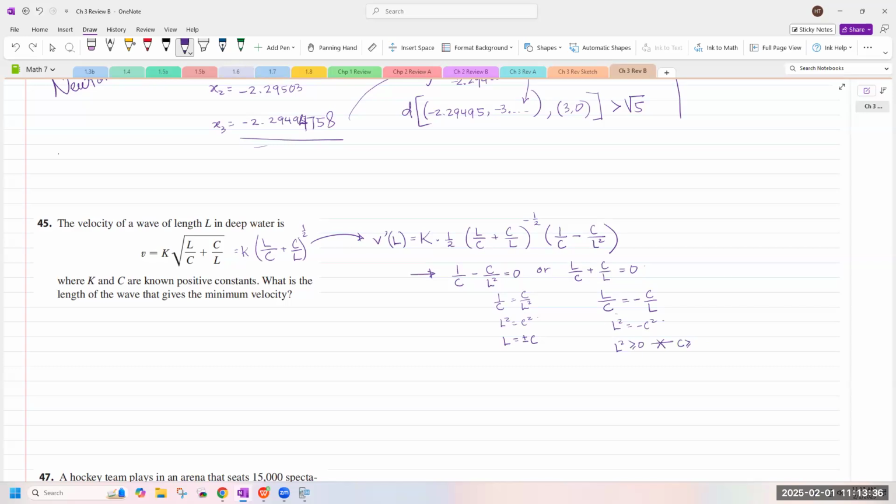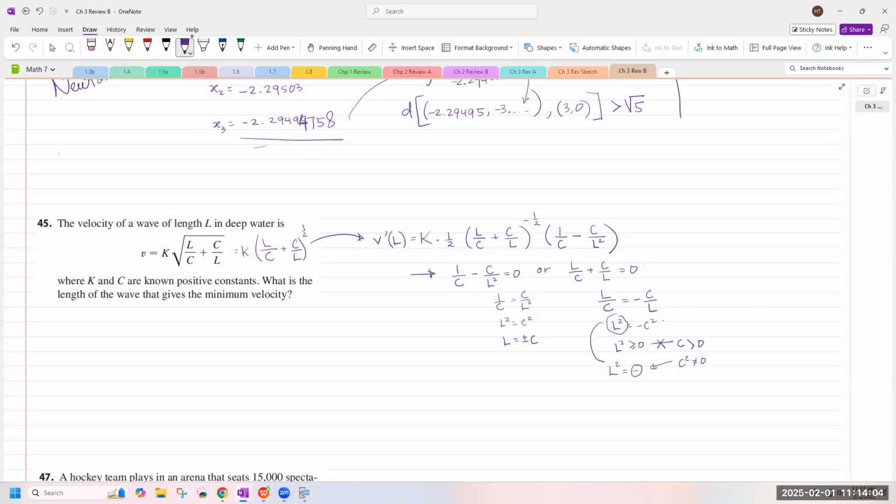You see, a positive number equals a negative number. The only time it can happen is when that number is 0, right? But that contradicts the fact that they say C is a positive number. If C is a positive number, then C squared cannot be 0, right? Which means L squared cannot be a negative number.